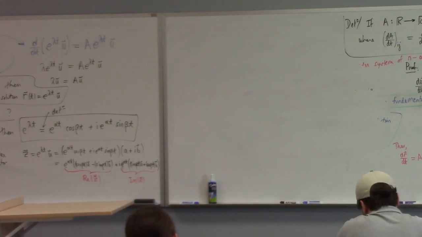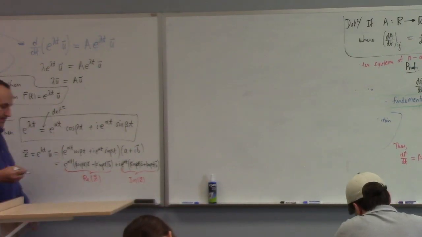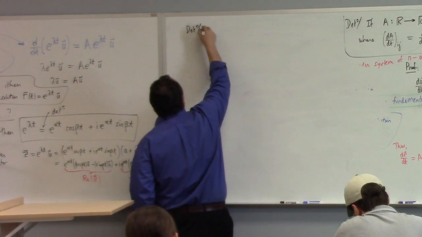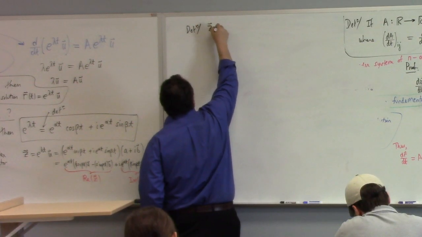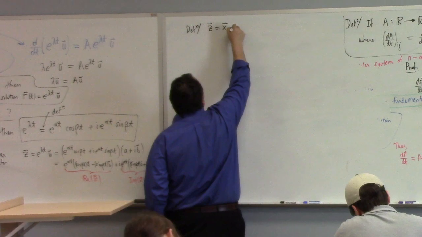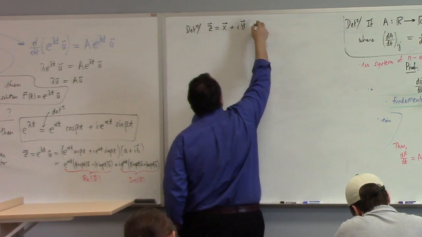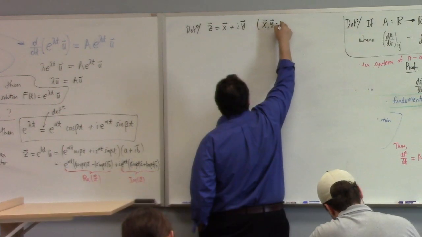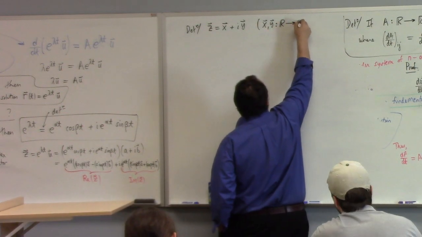Here's the definition. So suppose that we have z is equal to x plus iy. Here, x and y are themselves mappings from reals to Rn.